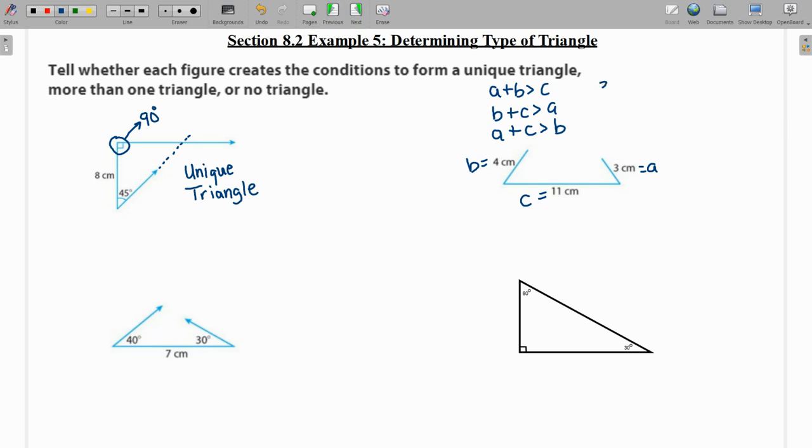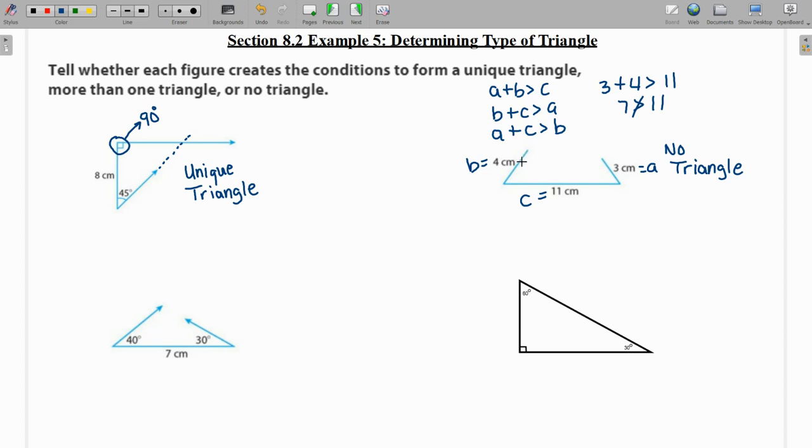I'm going to say 3 plus 4 should be greater than 11. Now, 3 plus 4 is 7, and 7 is not greater than 11, so we put a slash through that inequality. It doesn't make a true statement. Because it fails the first criteria, this is no triangle. We cannot form a triangle with this.